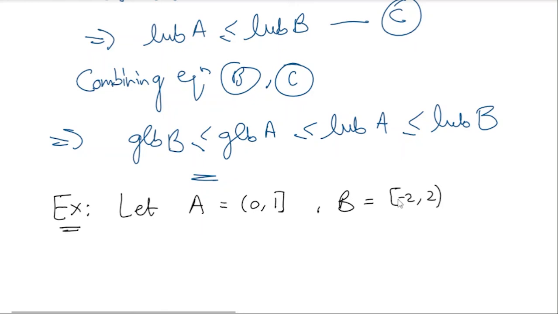So both A and B are of course non-empty subsets of R, and we can make an observation that my A is a subset of the set B and is contained in set B.